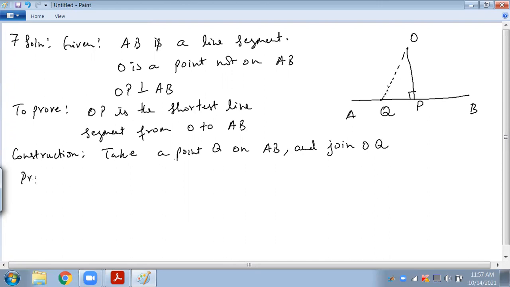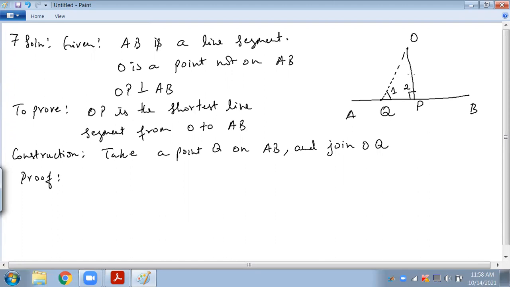Okay, proof. Now if you see, on joining OQ we are getting a triangle. And in a triangle, if one angle is 90, the other two angles are acute. If you mark this angle as 1, angle 1 will be less than 90. We can mark this one as 2.